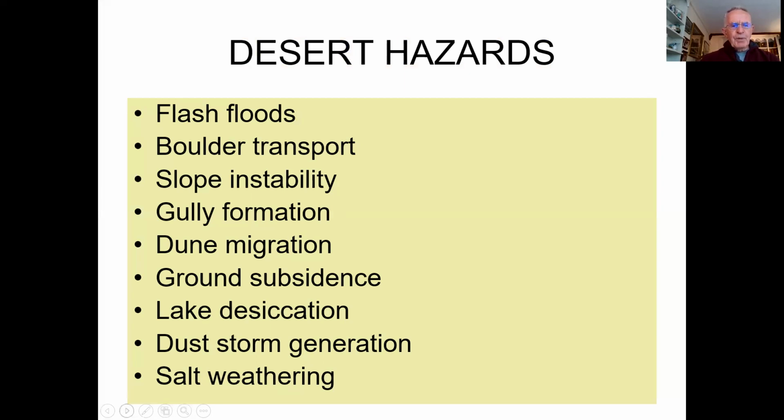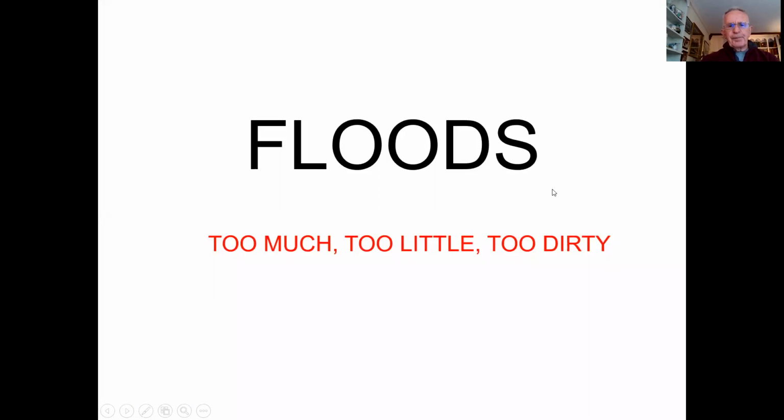Dunes, sand dunes, can migrate at frightening rates. The ground in many desert areas is subsiding for a variety of reasons. Lakes may flood, lakes may dry up, may desiccate. And we get dust storms, which can be extremely hazardous, and engineering structures and buildings can be attacked by severe salt weathering. So I'm going to talk about a variety of these desert hazards.